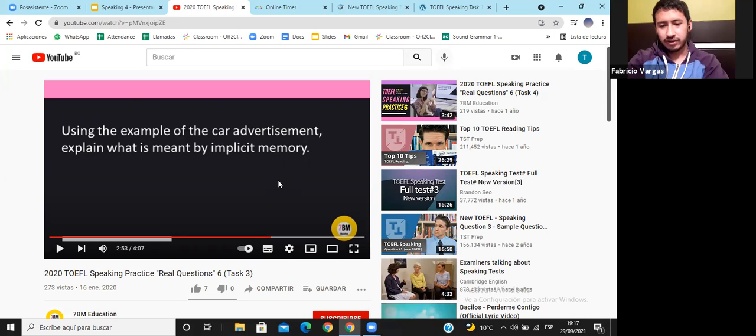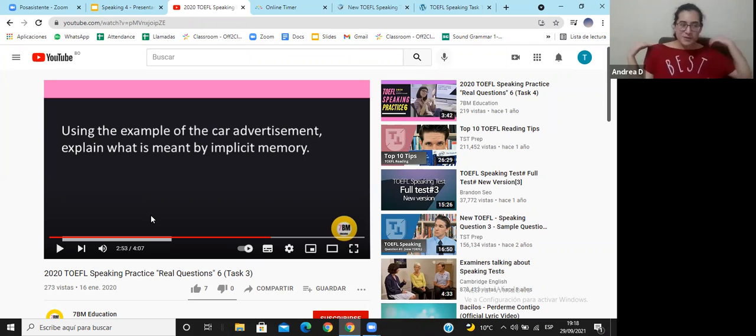Yeah, now I'm thinking that I could say something like, well, the problem for me was that there were two definitions, one was the explicit memories and the other one the implicit memory. So right now I'm thinking that I could do the definition in just one, like one is unconscious and one is conscious, and period.